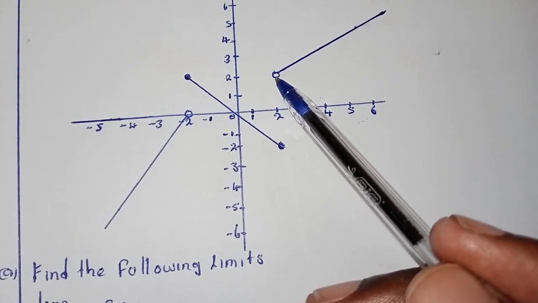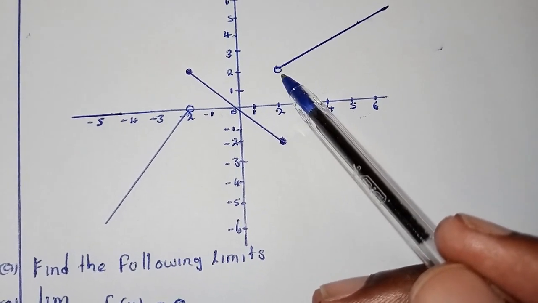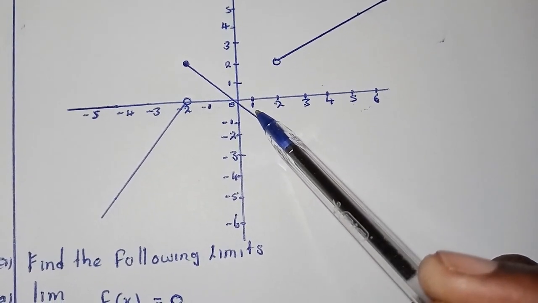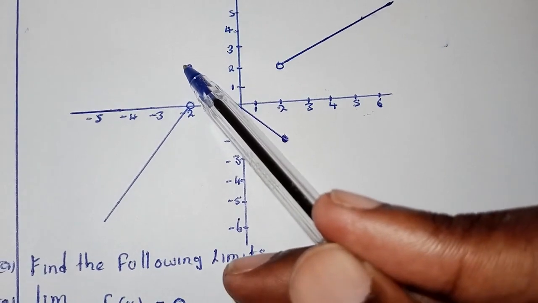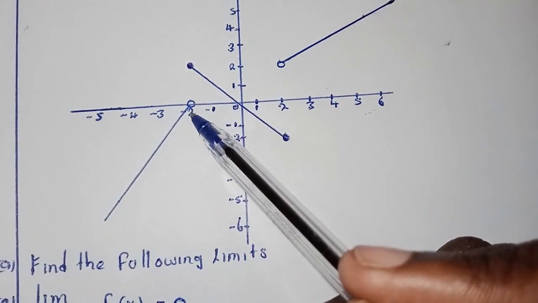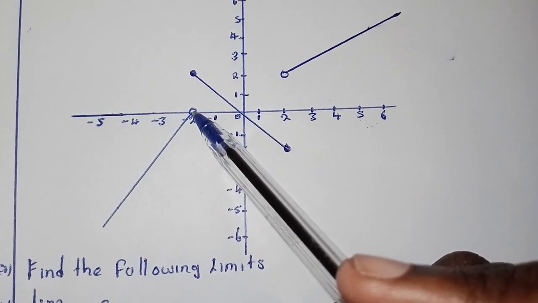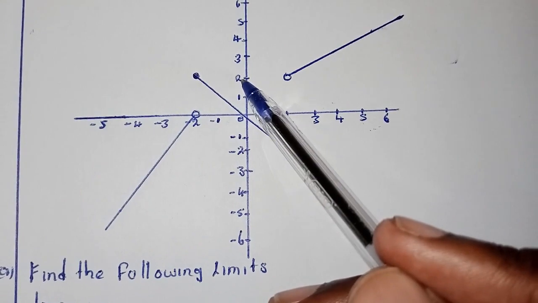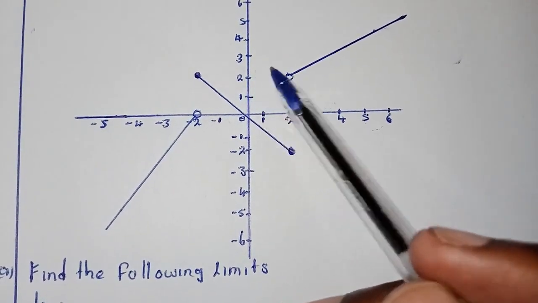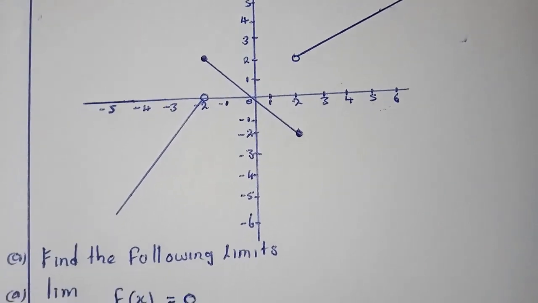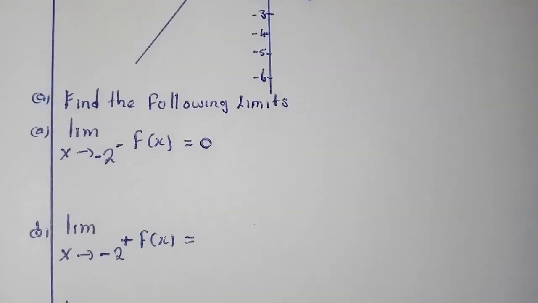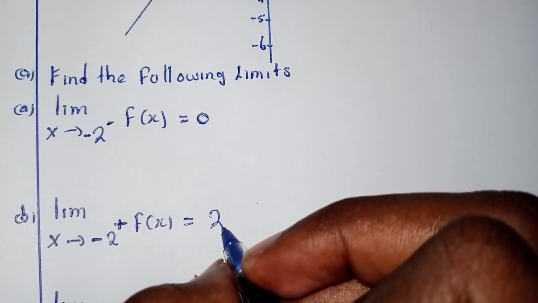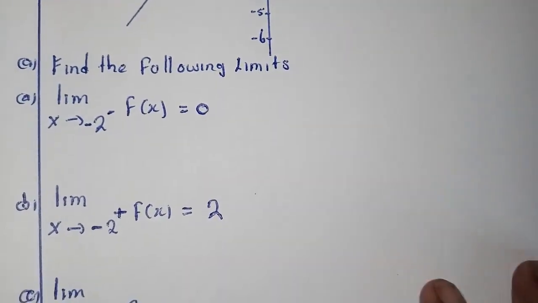Because there is no connectivity here, I'm going to jump like that and stand here. I continue moving in this way till I reach where there is -2 in the x. And I discover that my value is simply 2. That's my value in the y-axis. So as the limit is approaching -2 from the positive hand side, or from the right hand side, my answer is +2.